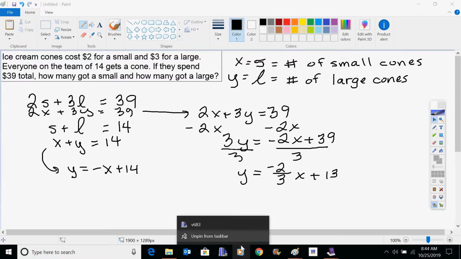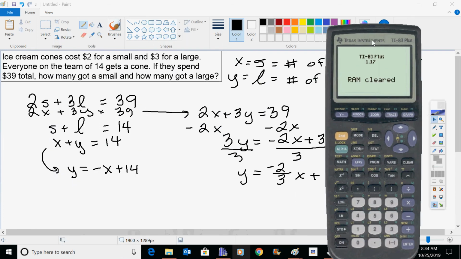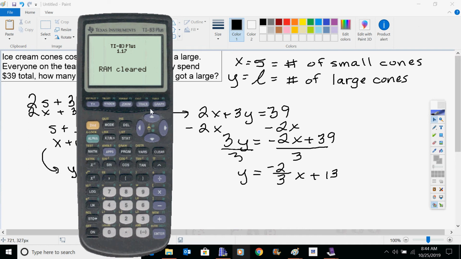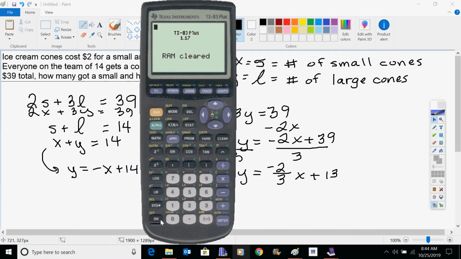Let's look at our calculator method. Okay, with that chart. And let's see if we can figure it out with that. We've got them solved for y, which is our first step for this. There's our y's. We're going to set it equal, y equal, and we're going to do negative x plus 14.